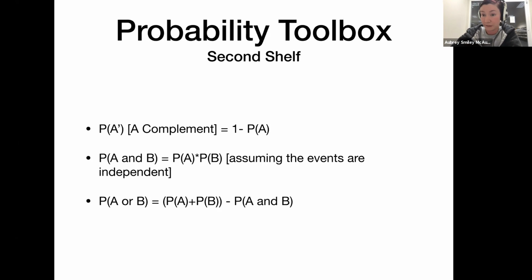It's probability of A plus probability of B minus the intersection of A and B. And when I say intersection, this is just A and B. And then when I'm talking about or, that's called union. And it's written like a big wide U.